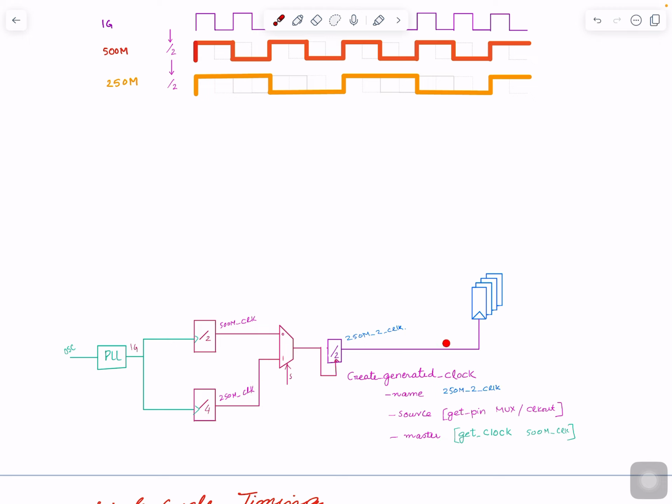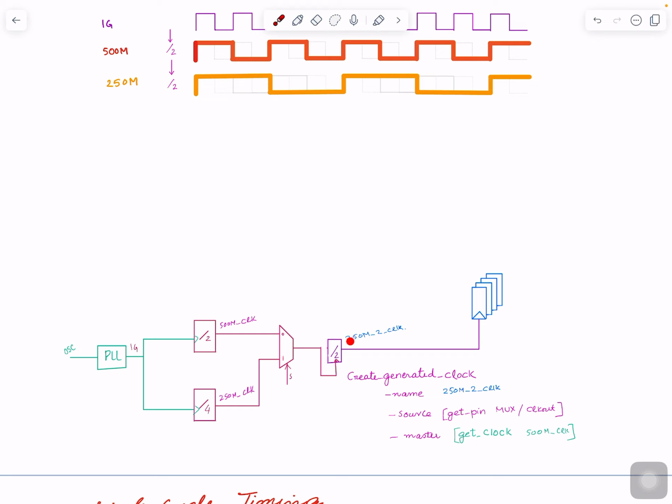But where I want to have these flops constrained is relative to this clock, because a divide by 2 of 4 will be even slower, right? So as long as I can meet timing on this clock, I will ensure I meet timing of this clock. Make sense? So if you have a 500 megahertz, 250 megahertz, from setup point of view, if you can ensure 500 megahertz timing is clean, 250 megahertz will be clean actually, generally speaking.